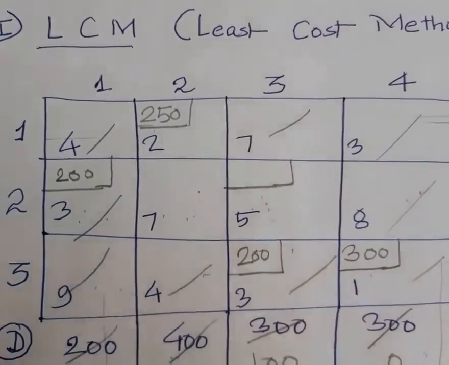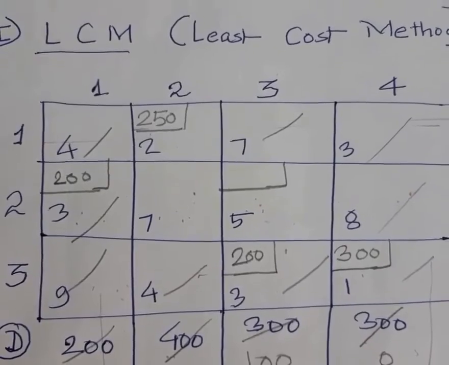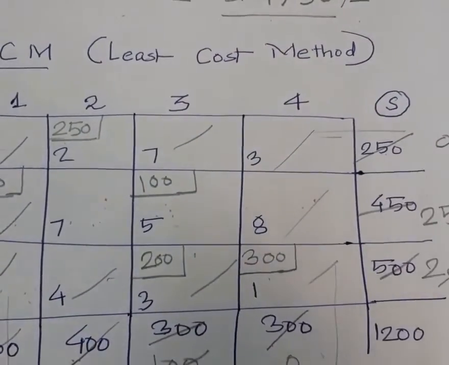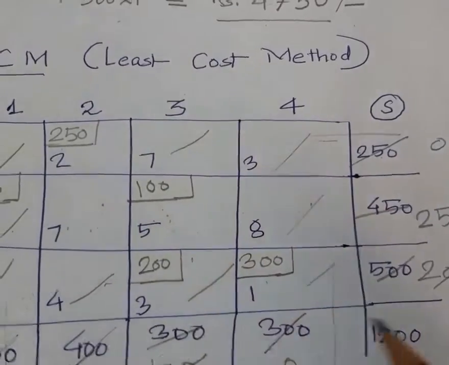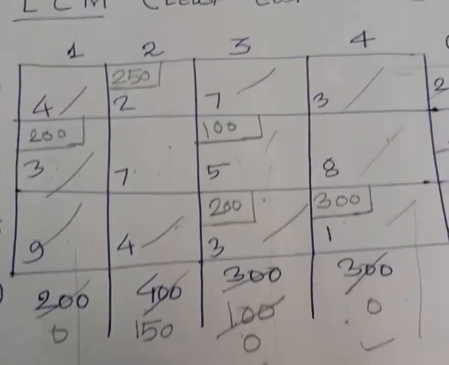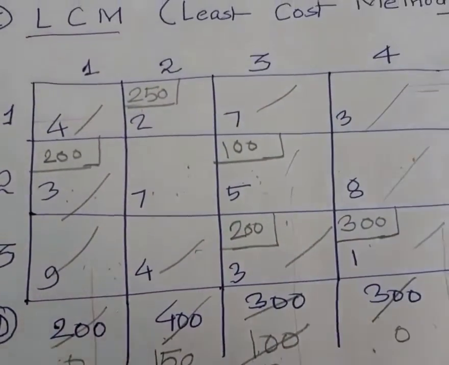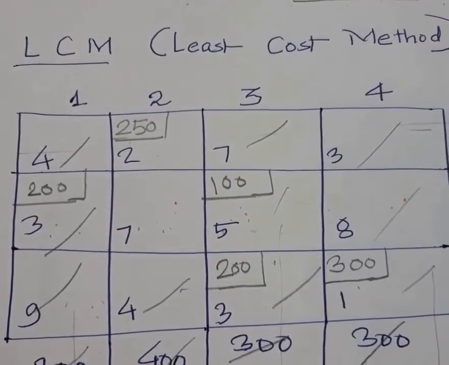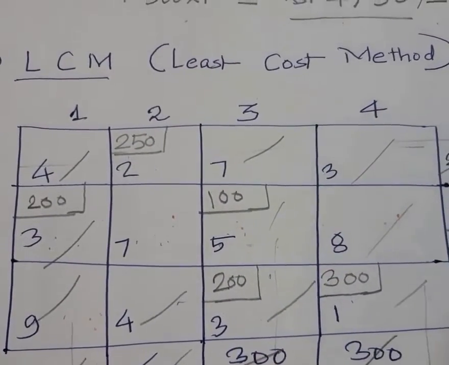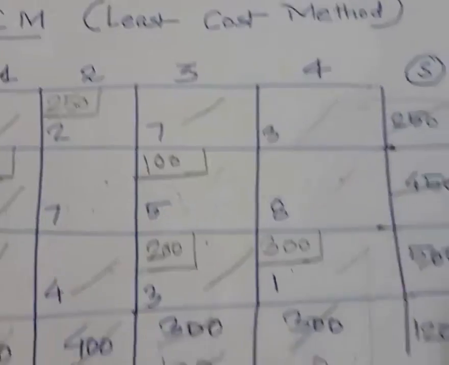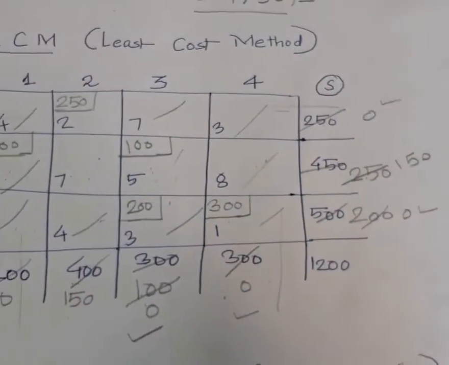Now I can allocate maximum 100. This will become 0. This is also exhausted. Now we are having only 1 cell. After this allocation, this will be 250 minus 100, it is 150.